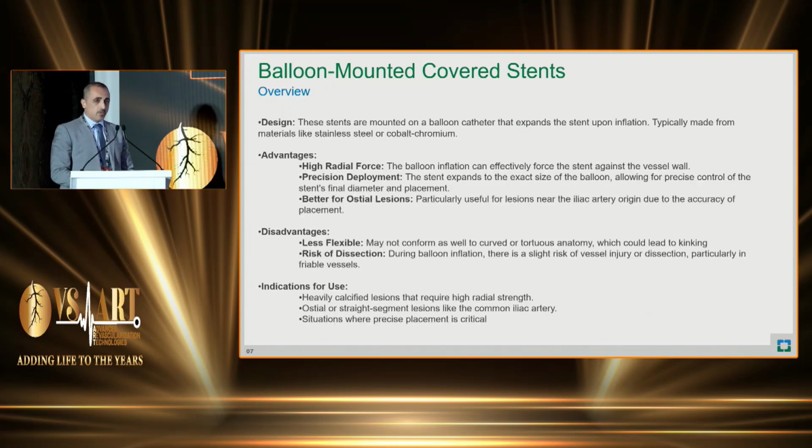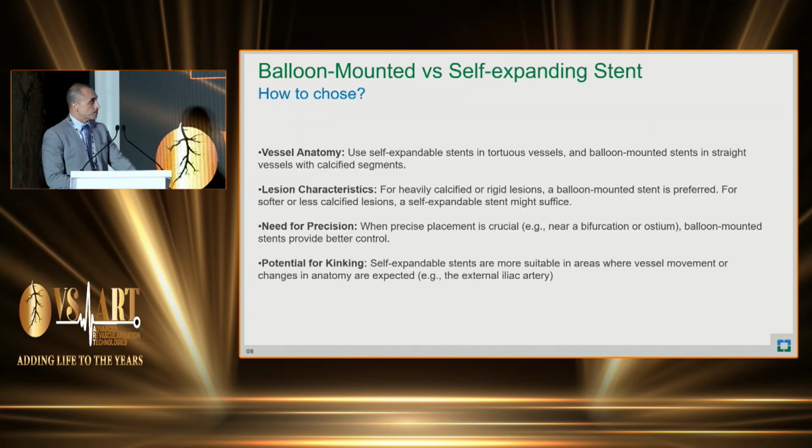On the other hand, the balloon-mounted or balloon-expandable stents are made of stainless steel or cobalt chromium, and are mounted on a balloon that has to be inflated to release the stent. They have high radial force and precision deployment, and are better for ostial lesions, but they lack flexibility, with risk of fracture and risk of dissection.